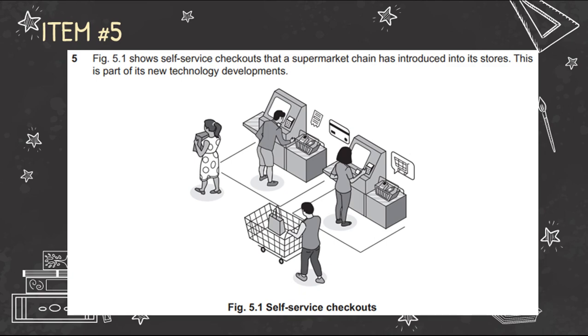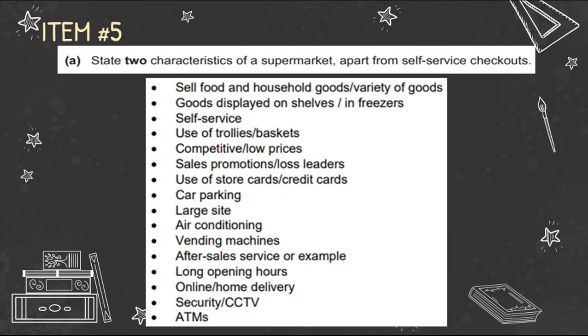And the question for item number 5 is to state or identify 2 characteristics of a supermarket aside from having self-service checkout.